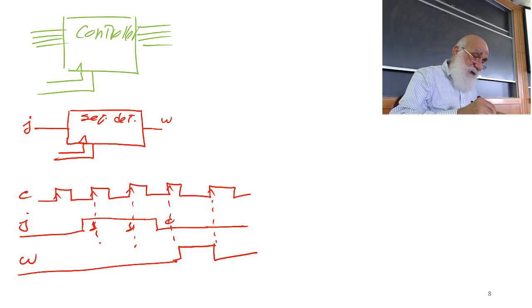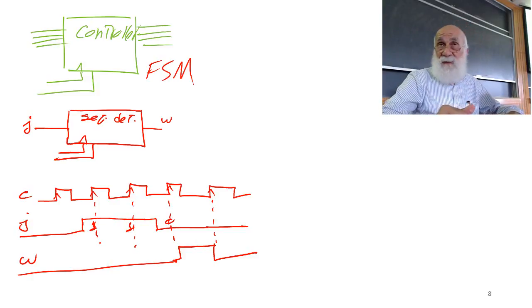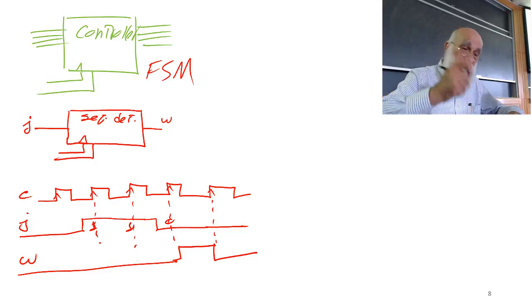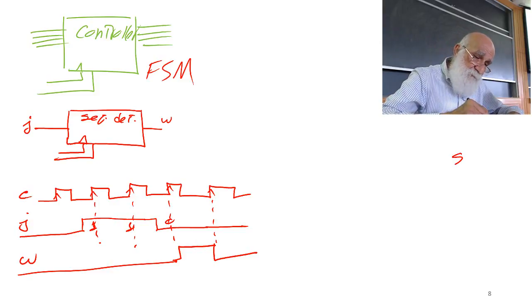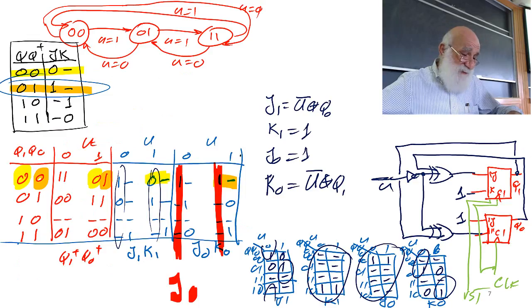And this is a finite state machine. To do this design, I start with a state diagram. Okay? I start with the state diagram. And then basically follow the procedure I have gone through here.